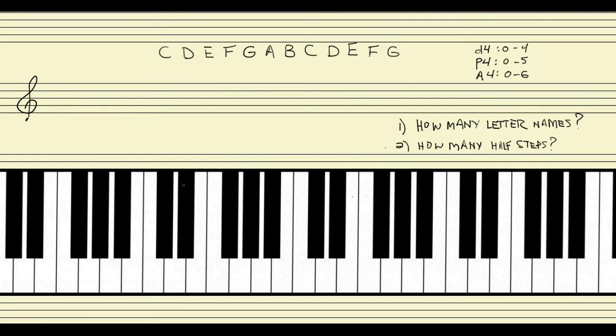So there are three kinds of fourths. There is a perfect fourth, there is an augmented fourth, and there is a diminished fourth. I'll just use the abbreviation because we know what those mean now. The perfect fourth is a fourth that has 5 half steps. The diminished fourth is a fourth that has 1 half step less, or 4 half steps.